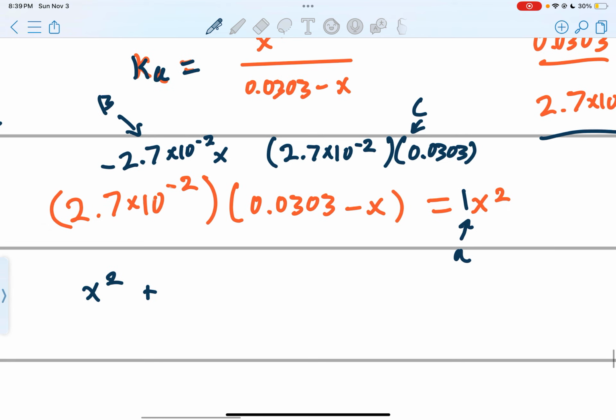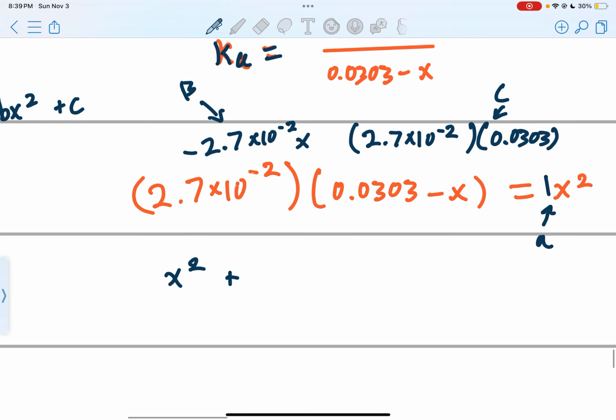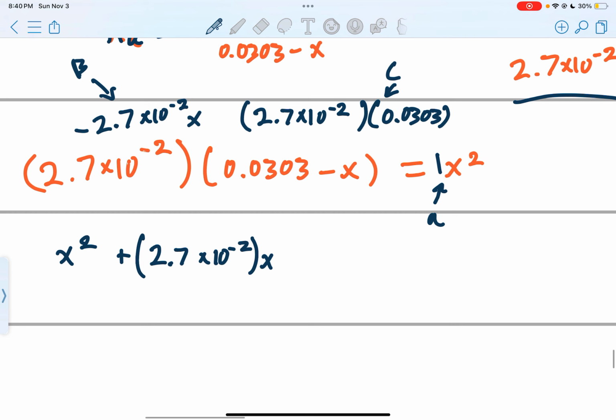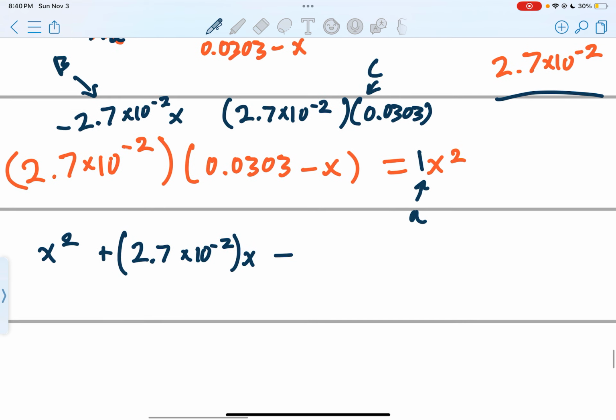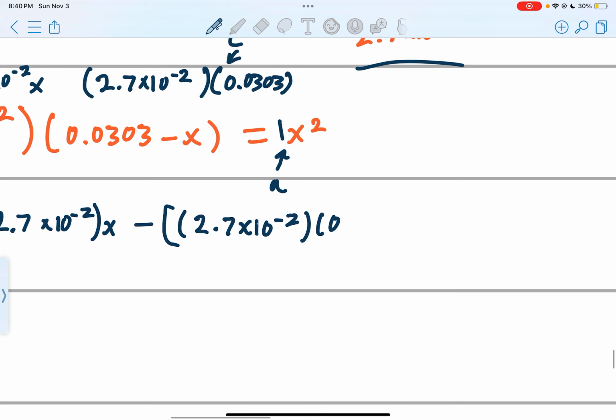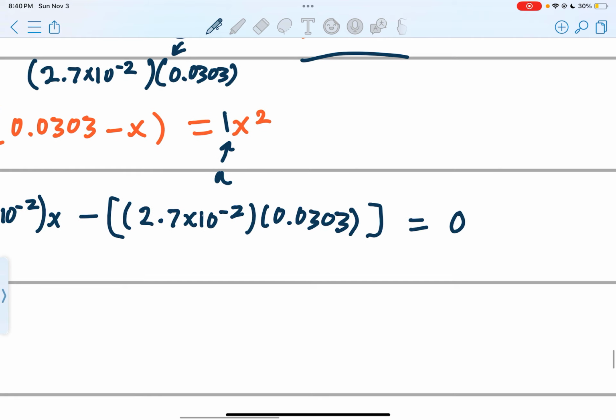But we have to make it all on one side of the equation first, right? So our B value becomes positive 2.7 times 10 to the power of -2 x, right? Let's just put this in brackets so no one's confused. And then our C value becomes negative because we've brought it over to the other side, right? Minus, we're going to put this in big brackets, 2.7 times 10 to the power of -2 times 0.0303 equals 0, right?